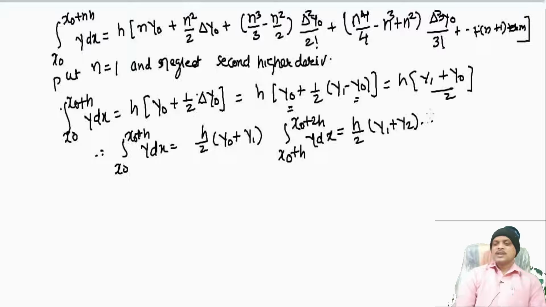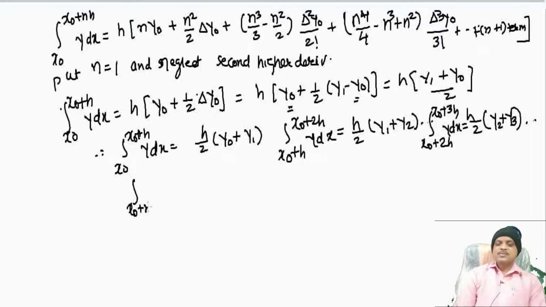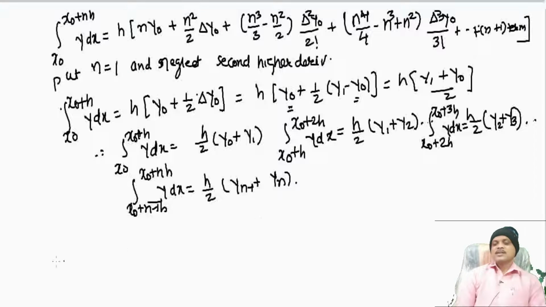Similarly, the integration from x0 plus 2h to x0 plus 3h of y dx equals h by 2 into (y2 plus y3), and the integration from x0 plus (n minus 1)h to x0 plus nh of y dx equals h by 2 into (yn minus 1 plus yn).